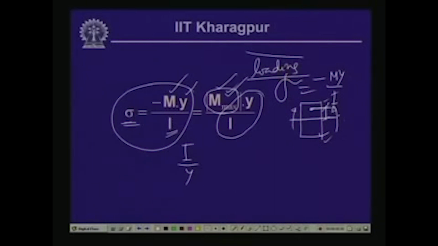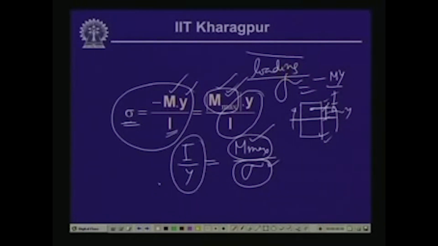Now, I by y is nothing but M max by sigma. M max we know from the loading, sigma we know from the material allowable stress. So, we can get the value of I by y.